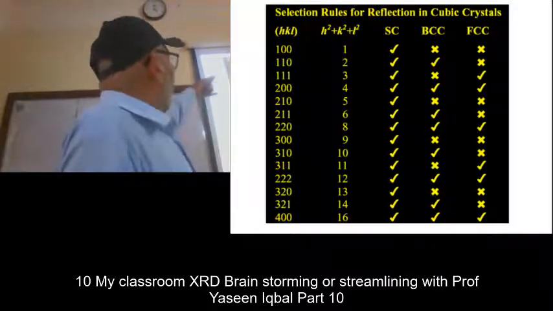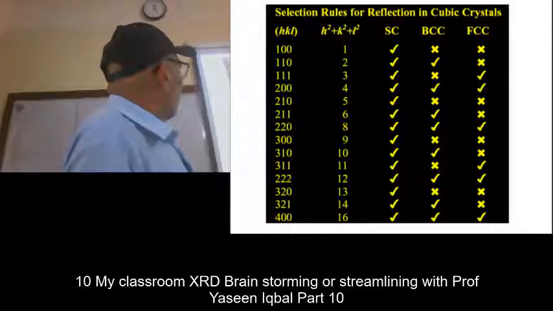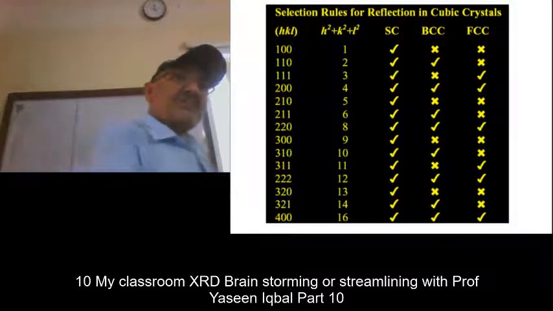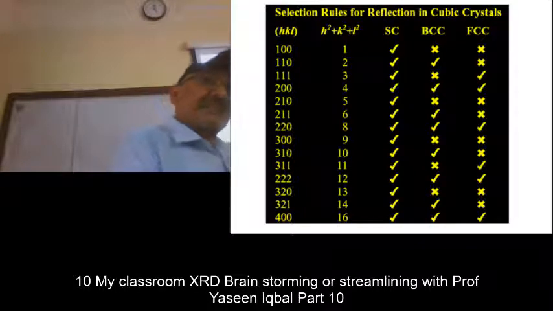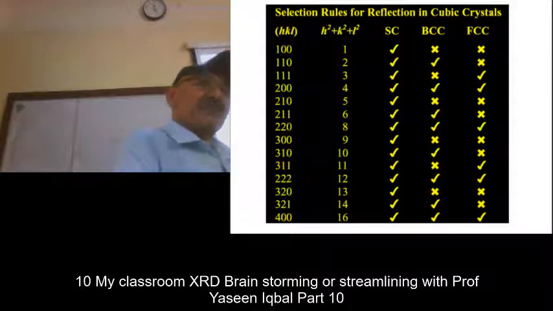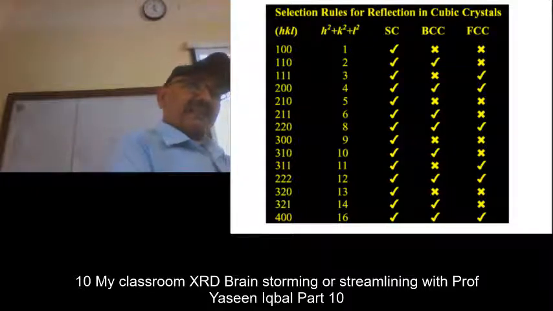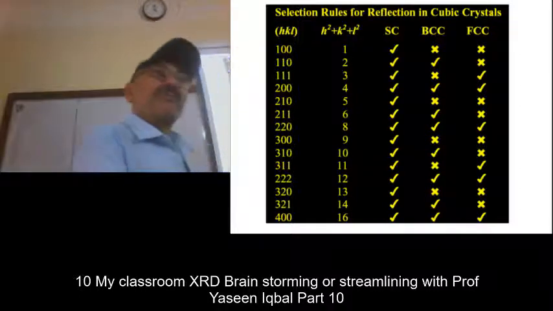But in the case of 2, they are not allowed. FCC. So it lowers the symmetry. Increasing the number of atoms in the unit cell is actually lowering of the symmetry. More symmetric, right? Less symmetric when you increase the number of atoms in the unit cell.